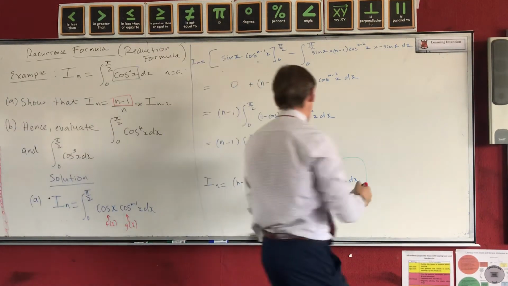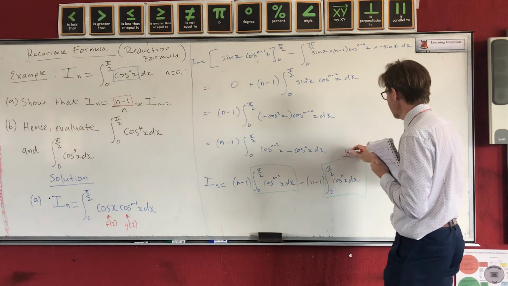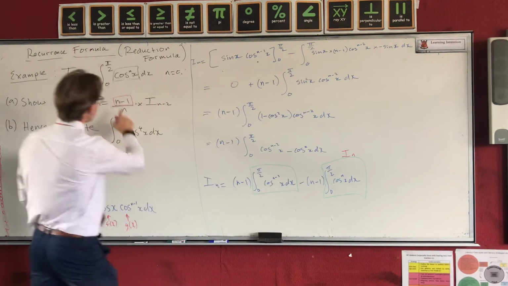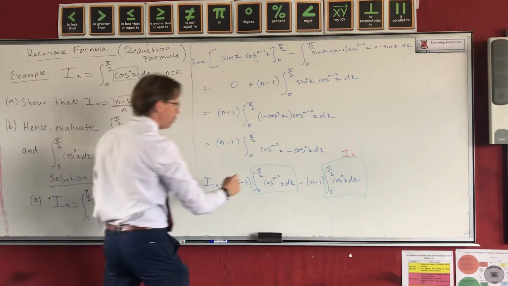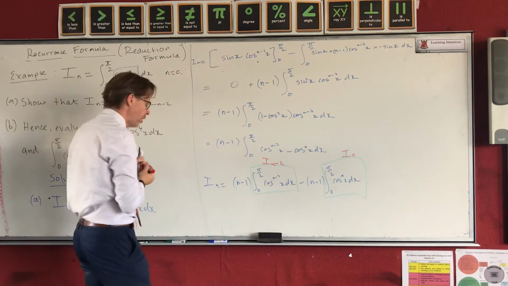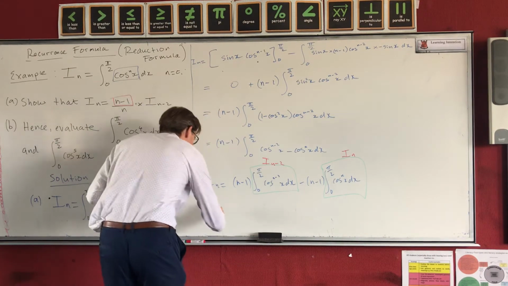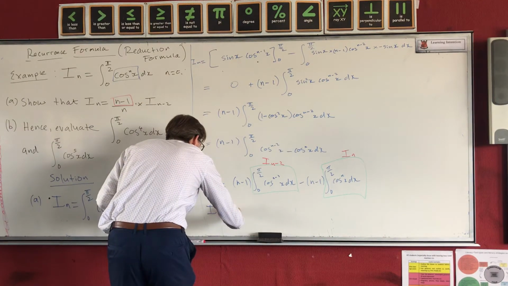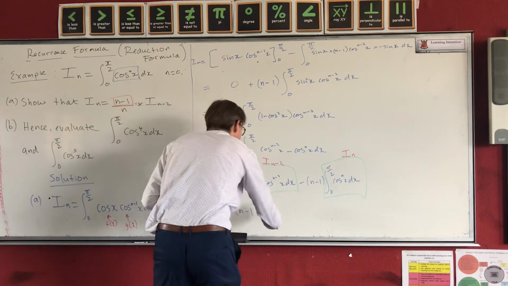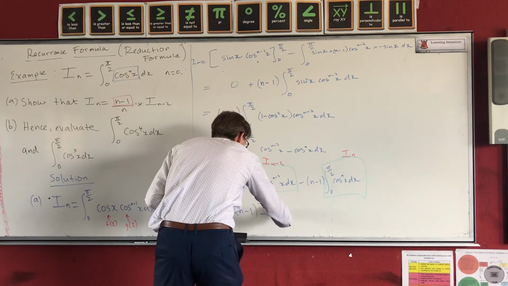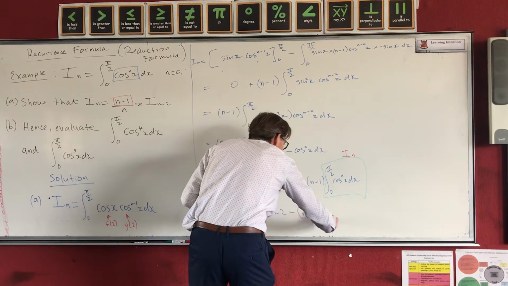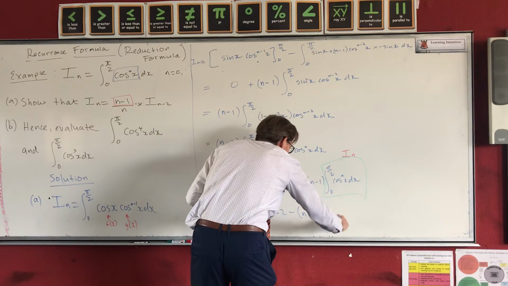This guy here is just In, and this one here is just going to be In minus 2. So that means I can write this down as In equals (n minus 1) times In minus 2 minus (n minus 1) times In.